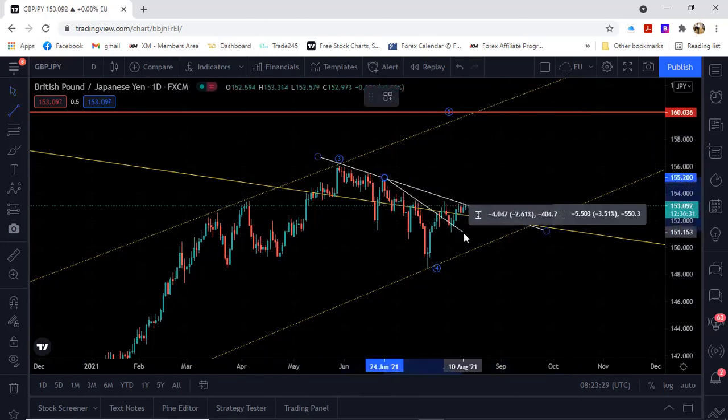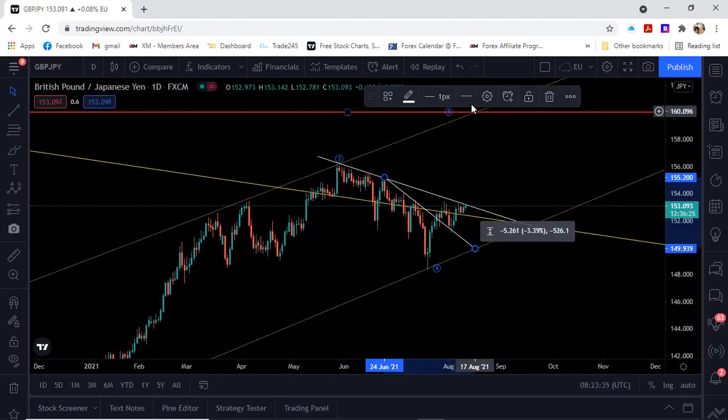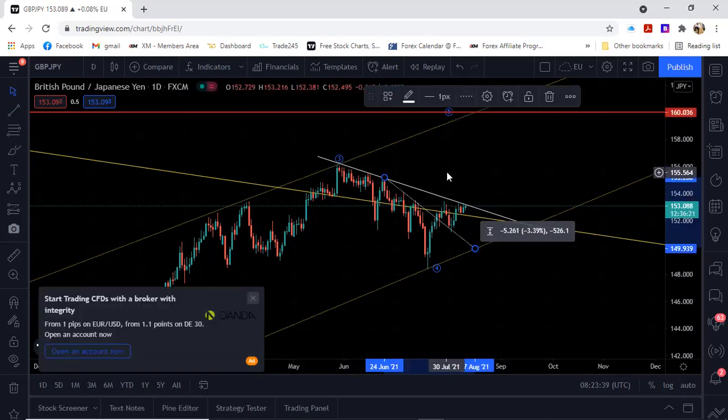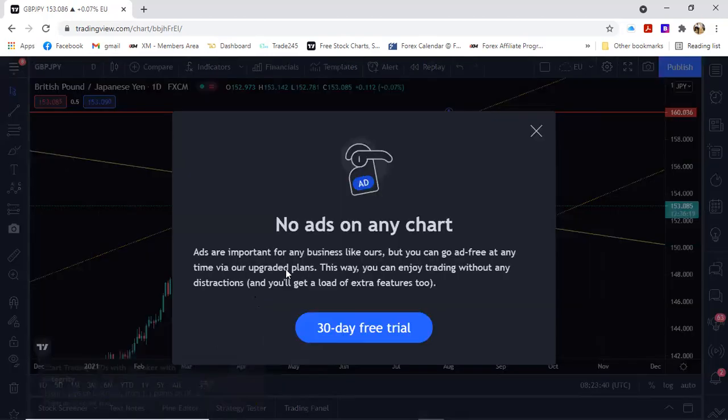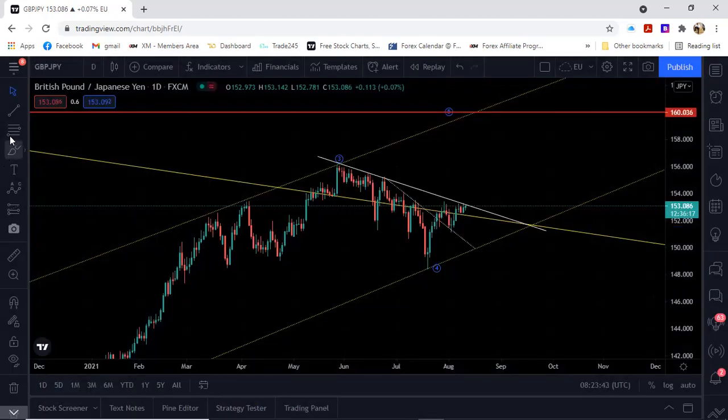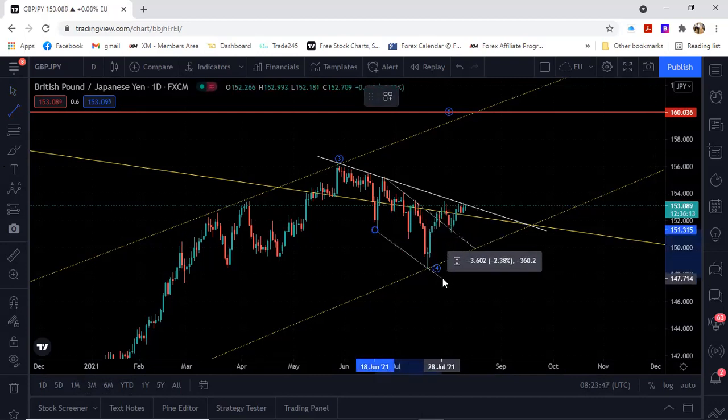So someone can actually see something like this, of which that person, he or she is not wrong. And also let's make it dotted. Sorry about this thing. And then they can see something like this, right?